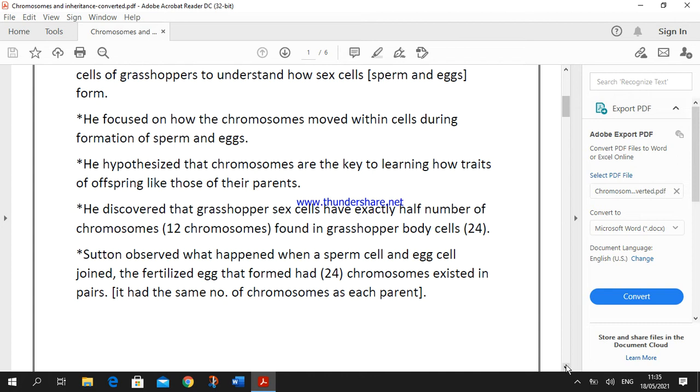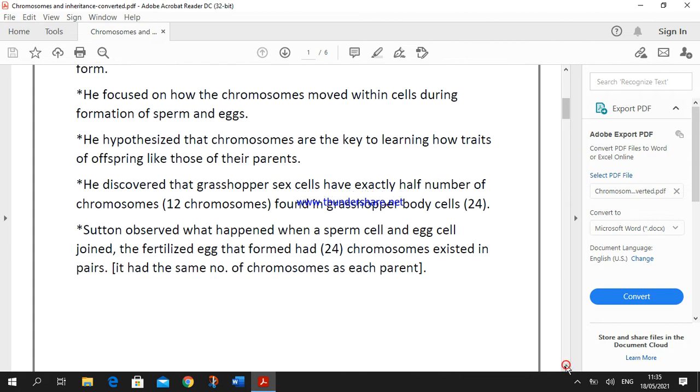Why? After the formation of sex cells, these cells contain 12 chromosomes, exactly half the number of chromosomes found in body cells. Sutton observed what happened when a sperm cell and egg cell joined.